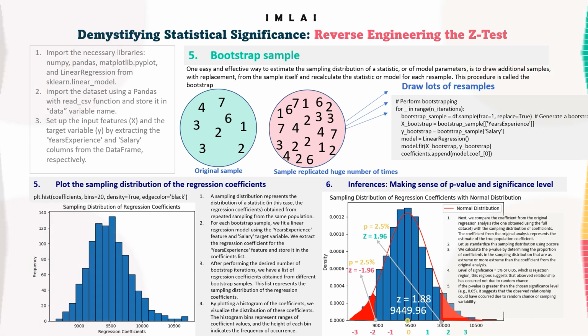If your p-value is as less as possible, you can tell with more confidence that there is a significant relationship between them.